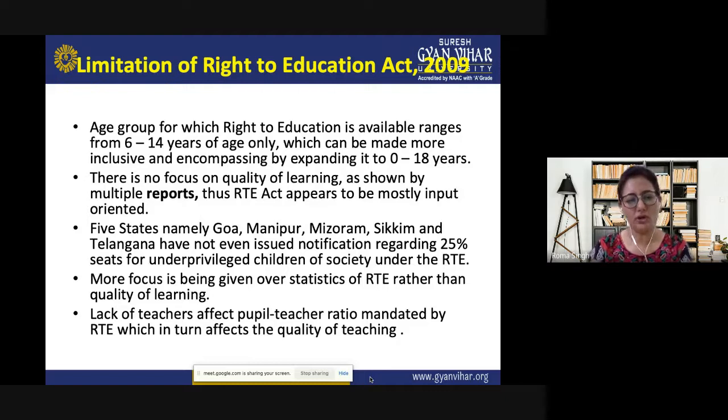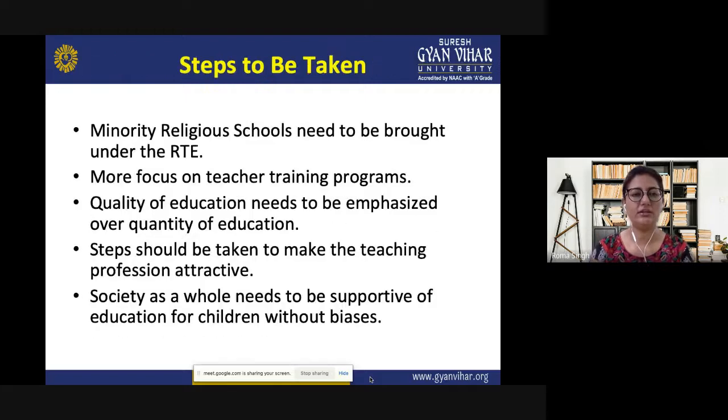So more focus is being given to the statistics, the figures of RTE, rather than the quality of learning, rather than addressing the lack of resources we are facing, introducing new resources and new qualified teachers. That is why the lack of teachers affects the pupil teacher ratio, which is mandated by RTE, which in turn affects the quality of teaching.